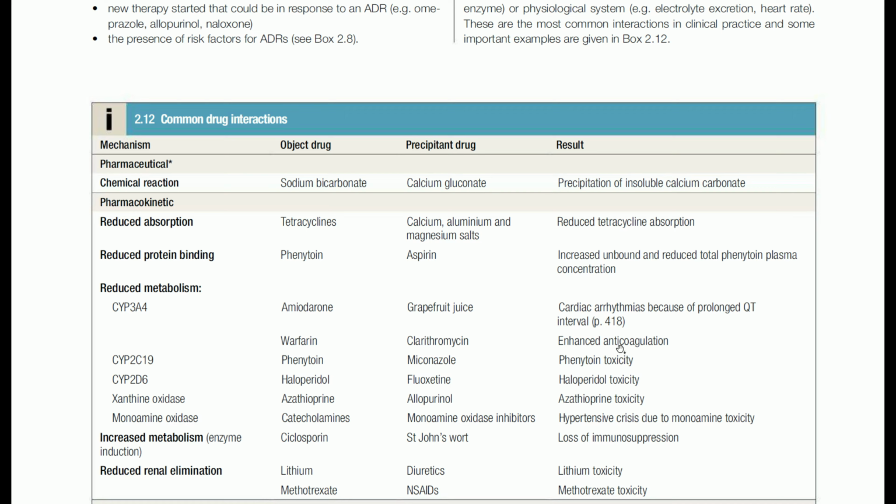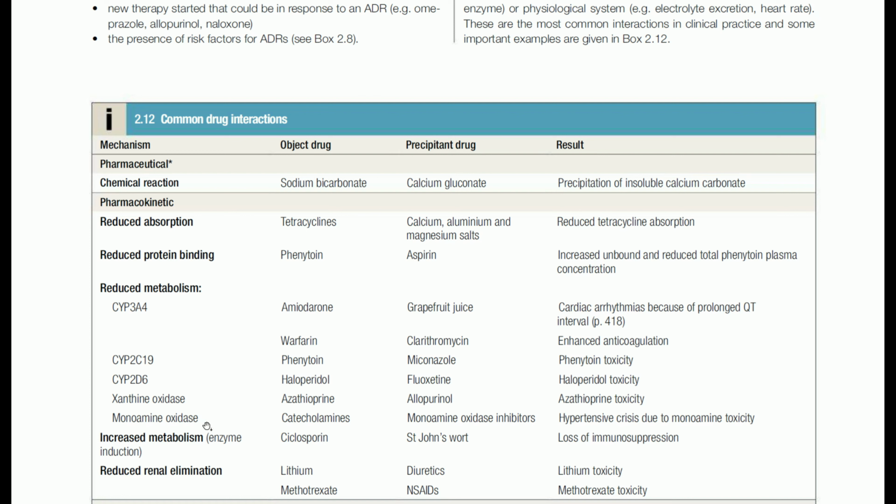Result, enhanced anticoagulation. Phenytoin, miconazole, phenytoin toxicity. CYP2D6, haloperidol, fluoxetine. Result, haloperidol toxicity. Xanthine oxidase, azathioprine, allopurinol, azathioprine toxicity.